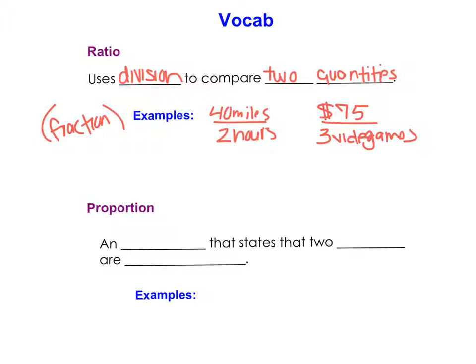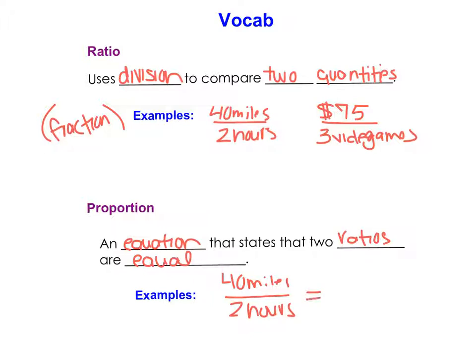A proportion is an equation that states that two ratios are equal. So, for example, you could have 40 miles in 2 hours, which really simplifies down to the same thing as 120 miles in 6 hours.